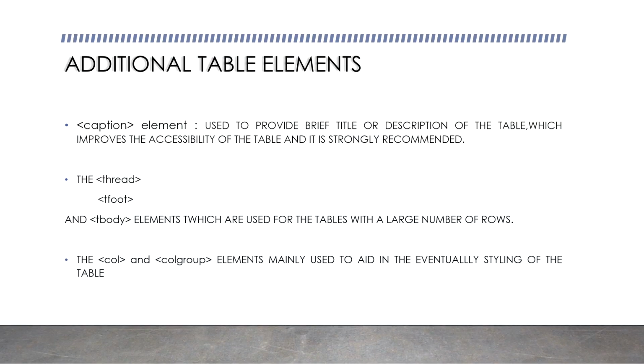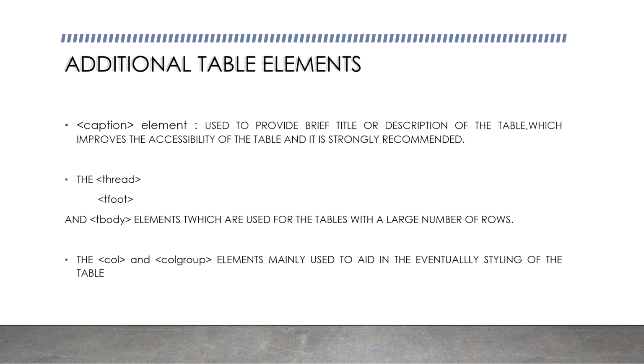Additional table elements. So what are all the additional table elements? Let's see. The caption element is used to provide a brief title or description of a table, which improves the accessibility of the table and is strongly recommended.